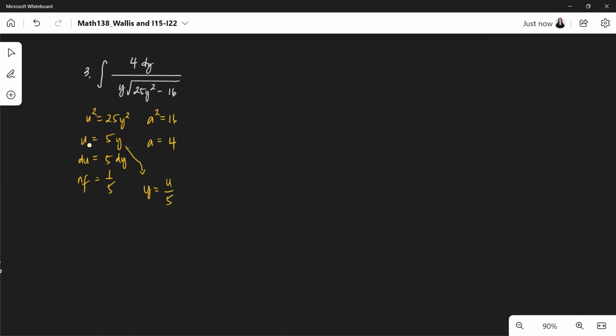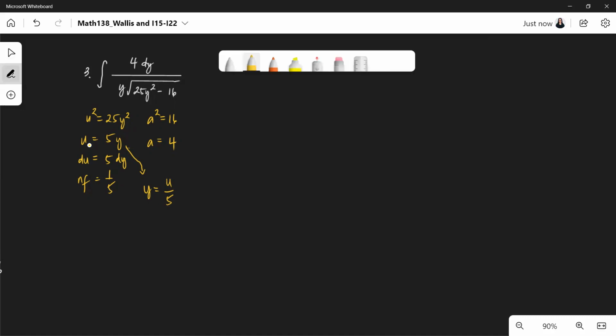So everything must be transformed into the new variable. Take note, we cannot combine two variables in just one integral. We can do that if we go to multiple integrals. All right, so we transform everything to u.